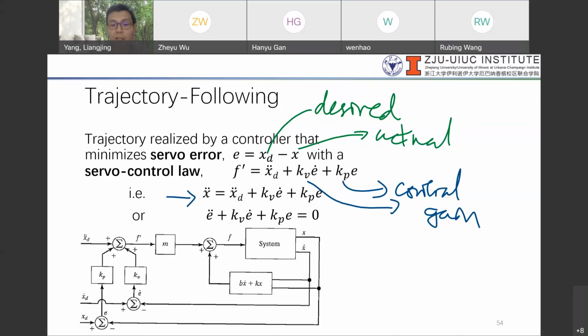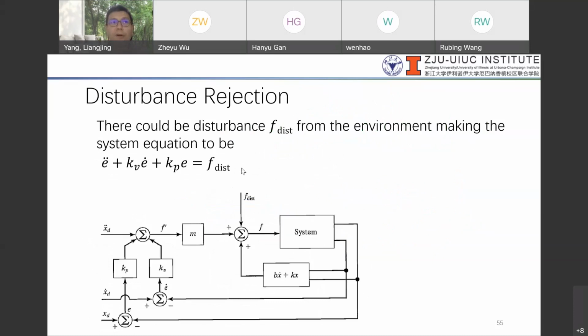If we look at the error, x double dot minus xd double dot gives us e double dot, and so we leave everything on our left hand side. This e double dot is basically equal to this minus xd. That is basically the form, and that is how we can minimize the error when we do our trajectory following.